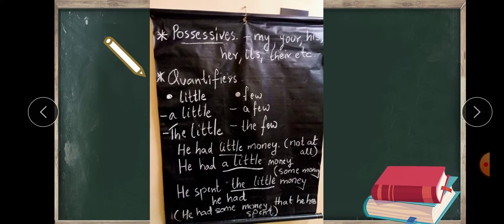He spent the little money gives you both the affirmative and negative sense together. What is the meaning of that last sentence? He had some money that he has spent. So little is used for negative connotation, a little is used for positive connotation. The little gives you the combination of both.